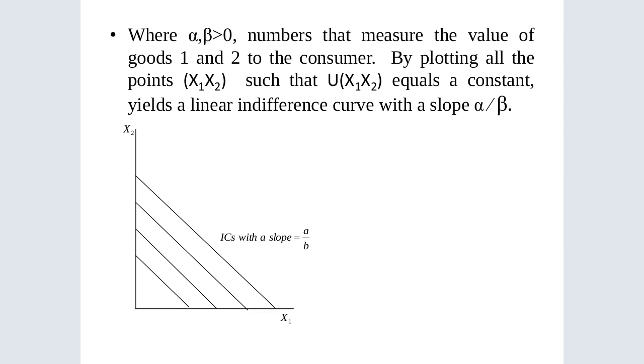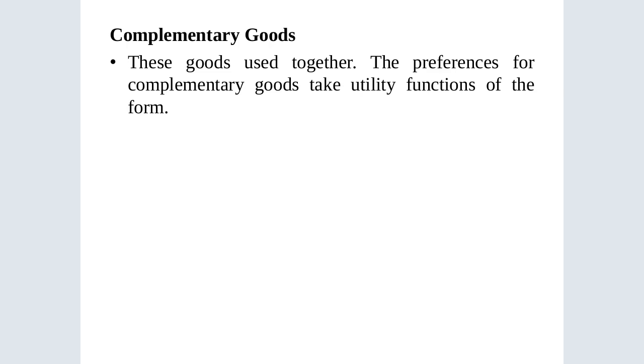By plotting all the points for x1 and x2 such that the utility function equals a constant, you'll yield a linear indifference curve with a slope of alpha over beta. If you draw that utility function, you'll have an indifference curve of this nature, which we said are linear for perfect substitutes.